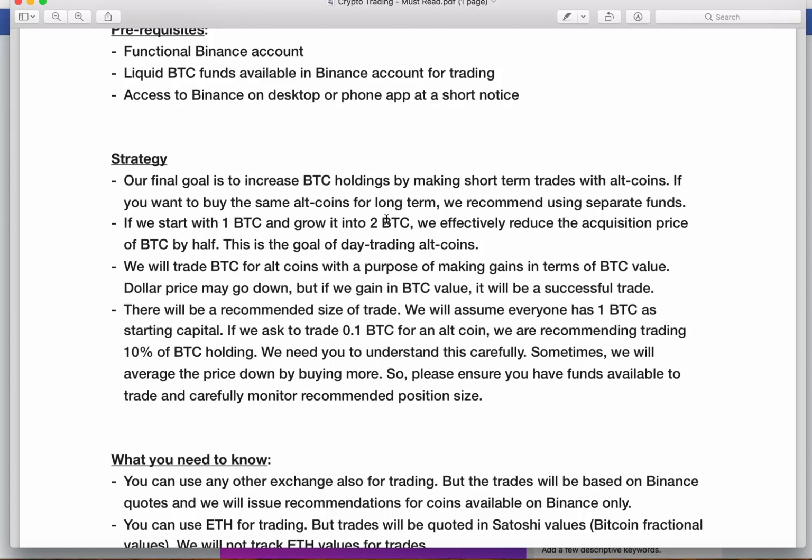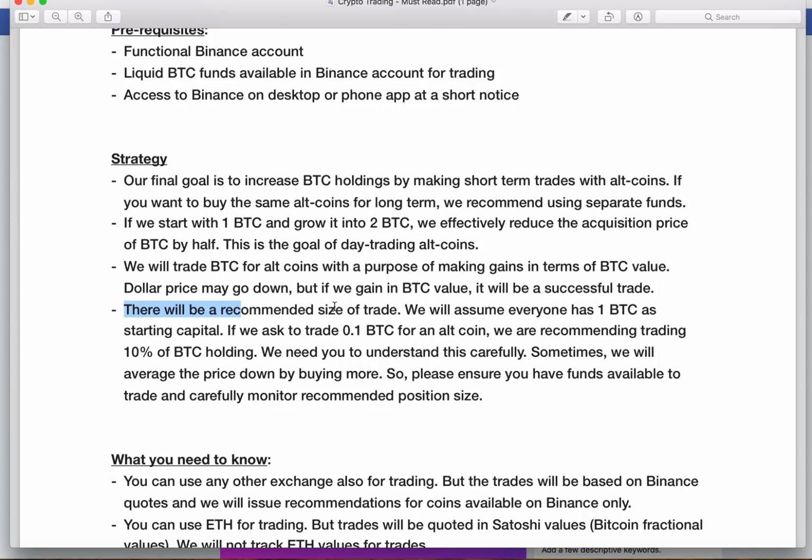In general, Bitcoin is the base currency. So when we believe in cryptos, our goal is that we want to hold Bitcoin just like we hold US dollars in our bank account. So we will trade Bitcoin for altcoins, and we will measure the gains in terms of Bitcoin value.